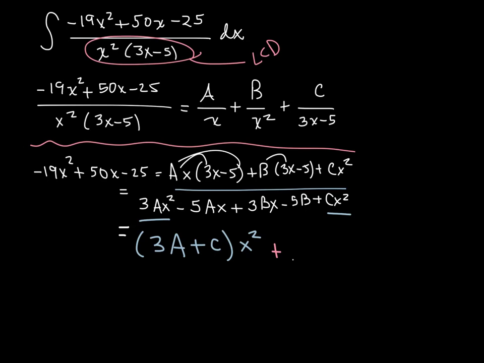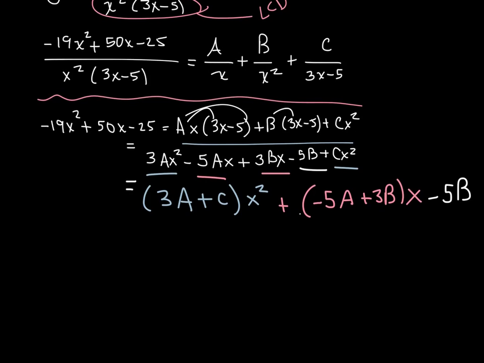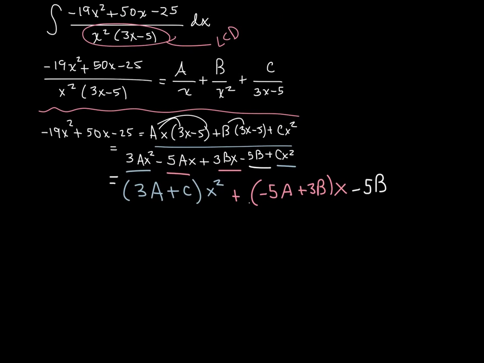And then plus, I'm going to look at everything that has an x: negative 5A plus 3B. And then finally, the leftover, which is minus 5B. So all I did was group things together based off of the exponents.